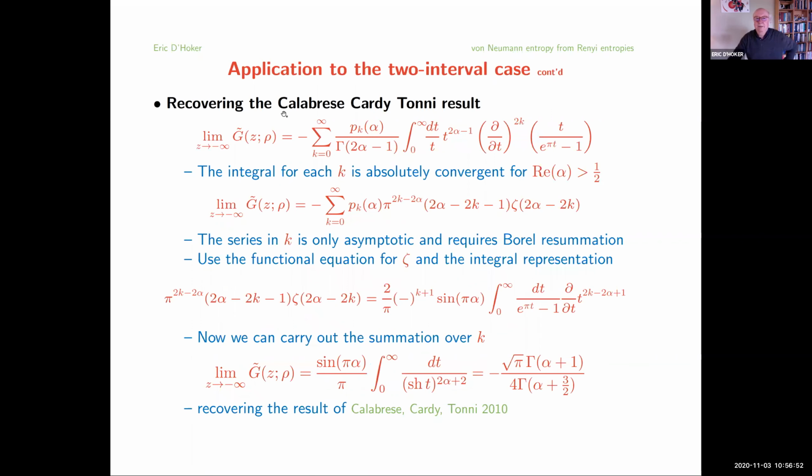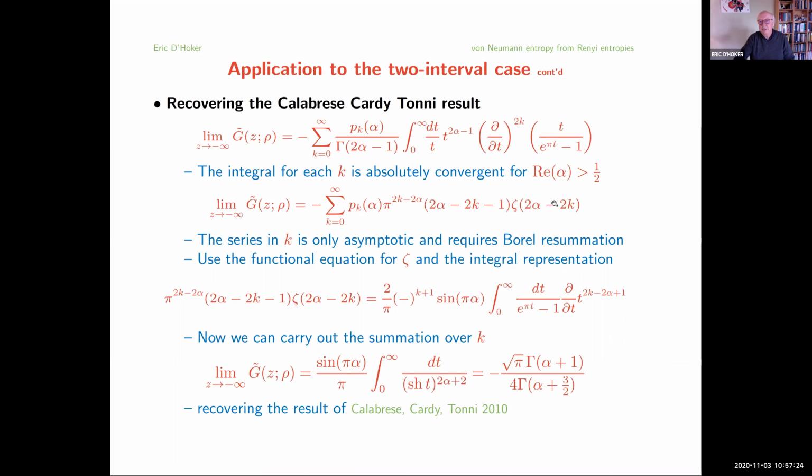So now, can we recover this formula by Calabrese, Cardy, and Tonni? Well, I claim this limit, somewhat naively, when z goes to minus infinity, h then reduces to just t. And actually, with a little bit of work, you can carry out this limit and you find this series, which involves the Riemann zeta function evaluated at 2 alpha minus 2k.